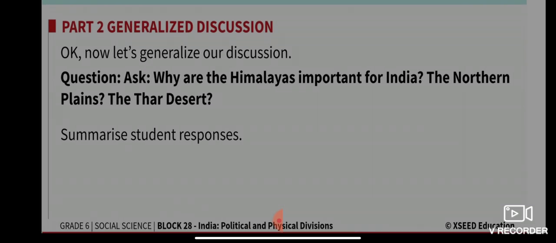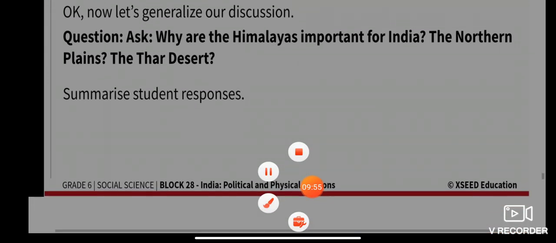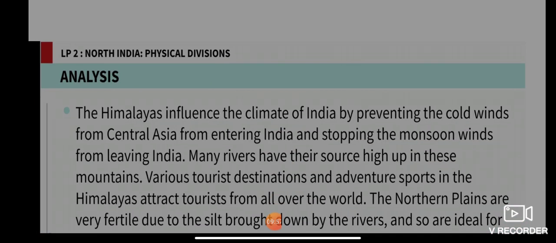Now similarly, why are the Himalayas, the northern plains and the Thar Desert important for India? What is the importance of the Himalayas, the northern plains, and the Thar Desert? So listen here.